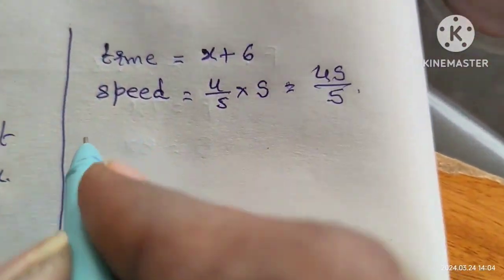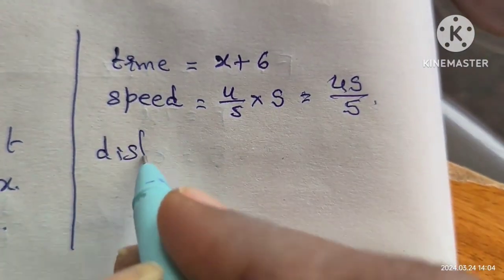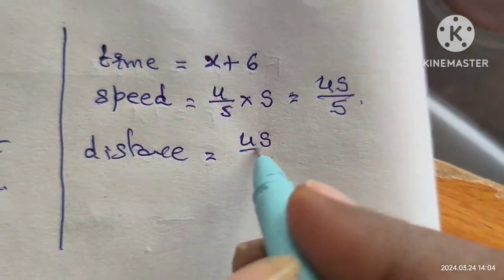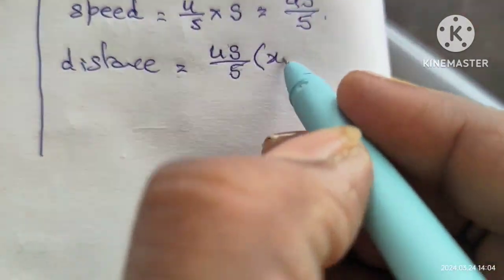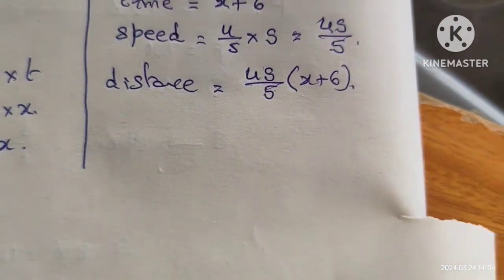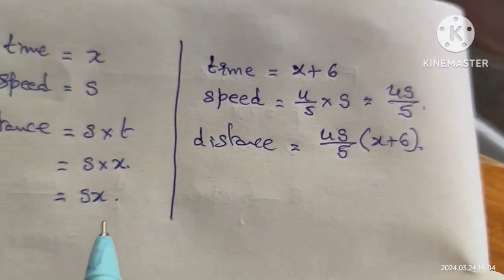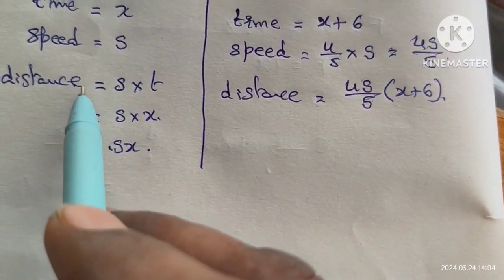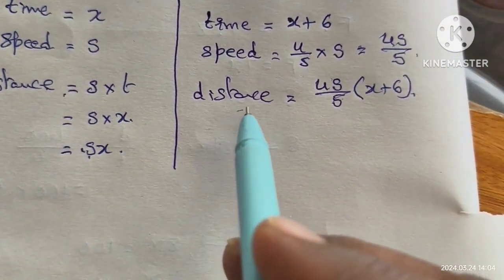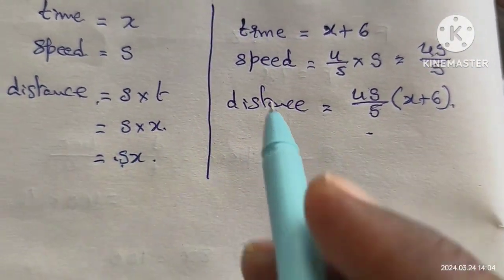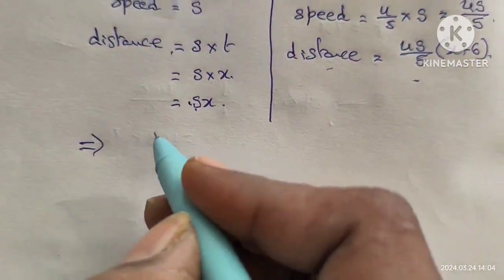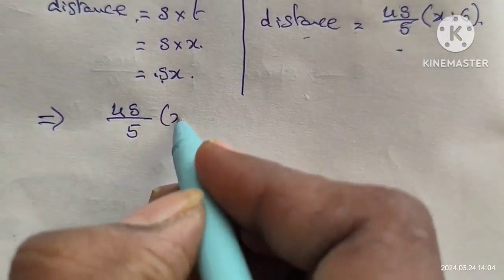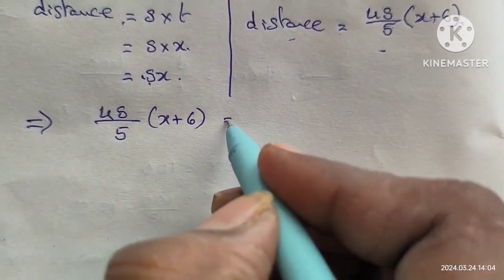Now the distance is speed into time, 4s by 5 into x plus 6. Here the distance, home to office, and the earlier one is also home to office. Both are the same.